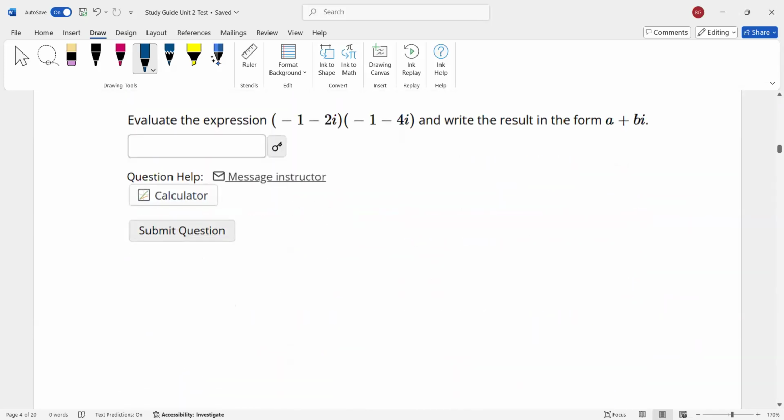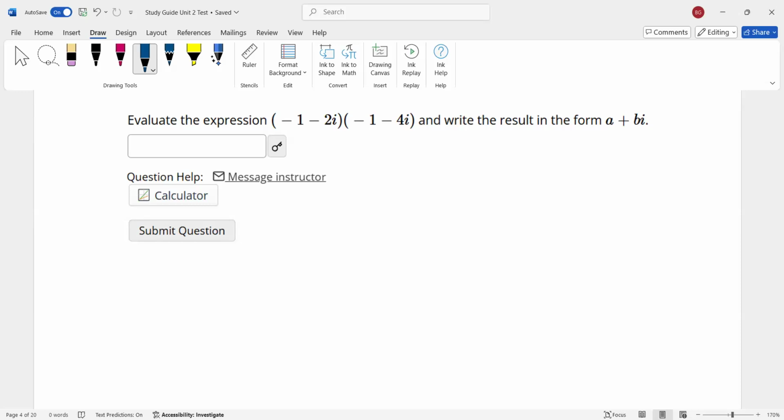Question number 4. Question number 4 is about the multiplication of two complex numbers. Okay, we can use the FOIL, we can use the box method. I'm going to give you 2 minutes. I'll check with you in 2 minutes.